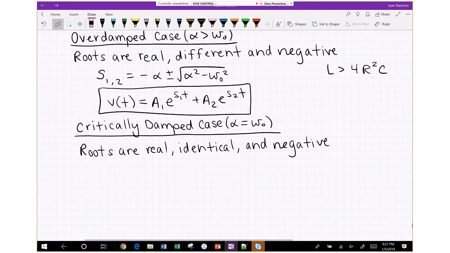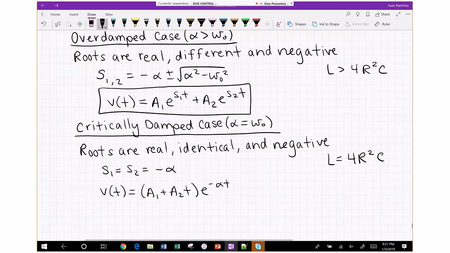The inductance has to be equal to 4 times R squared C for this to be the case. The roots are equal to each other and they're equal to negative alpha. And the solution for the voltage is A1 plus A2t e to the negative alpha t. Again, same type of response as what we saw for the critically damped current in a series RLC circuit.